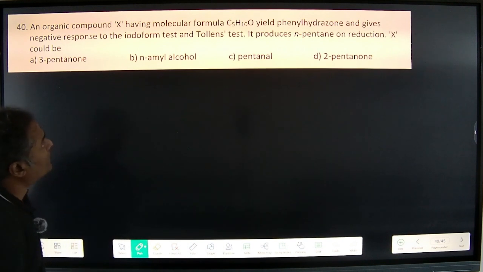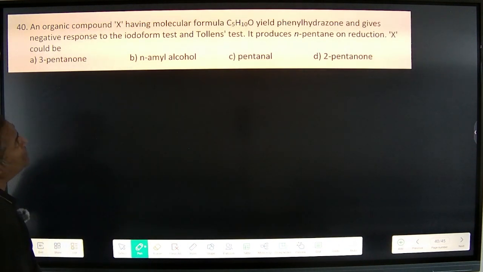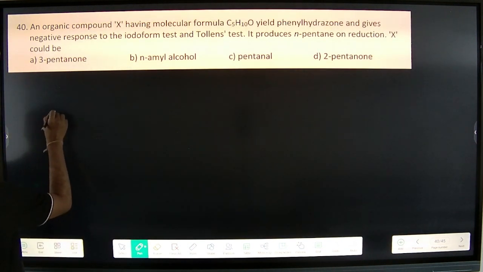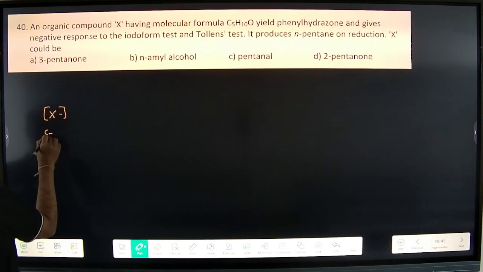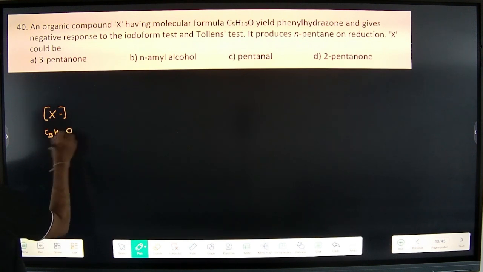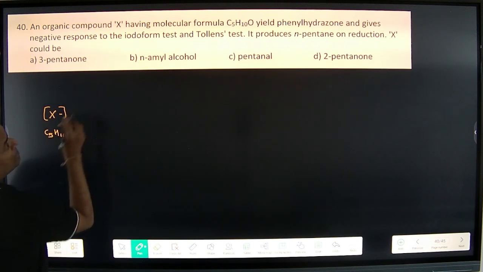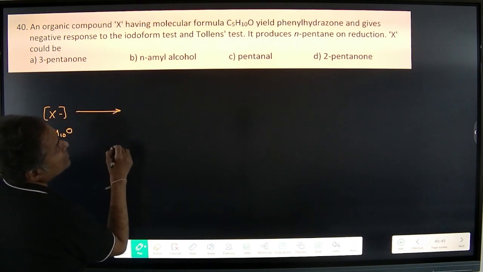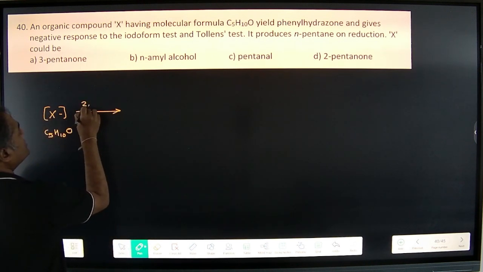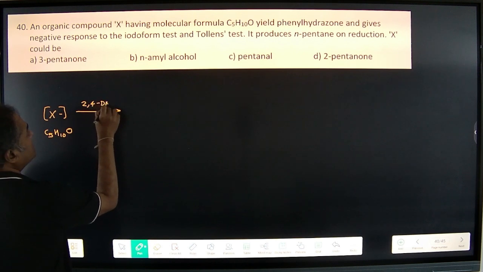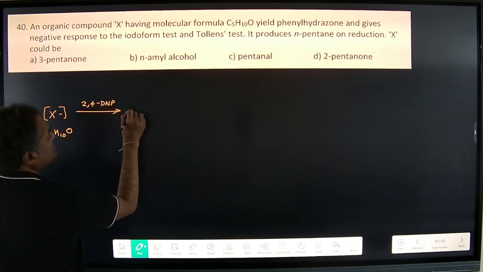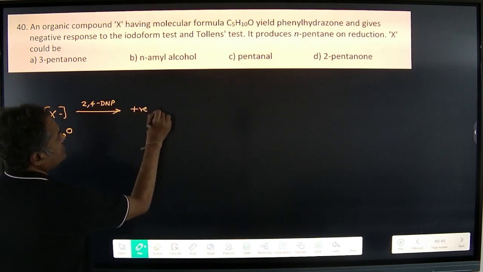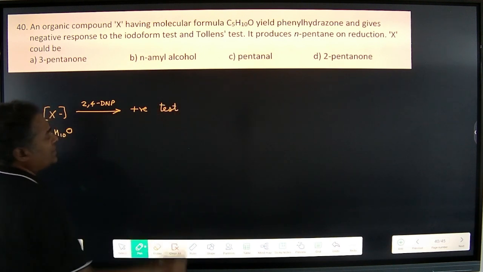Now, child, what has been mentioned? An organic compound X is given to you with the molecular formula C5H10O. This compound, when it is treated with 2,4-DNP, gives a positive test. Is it clear?